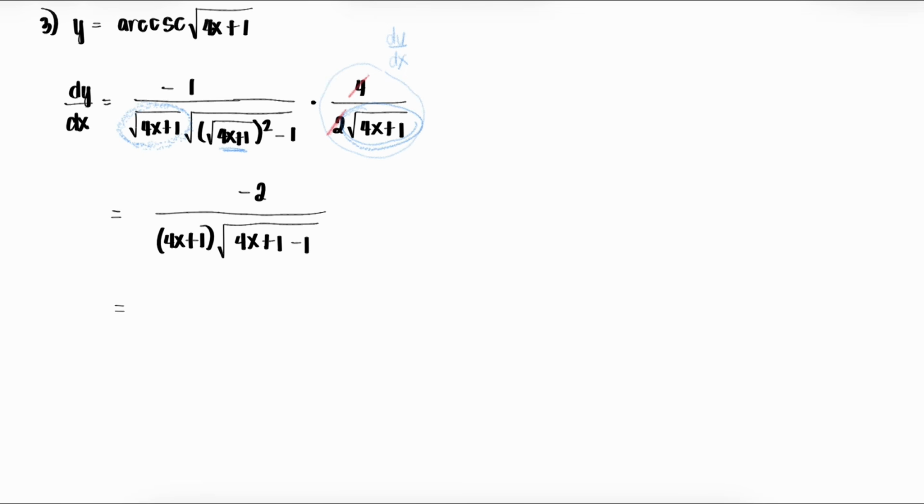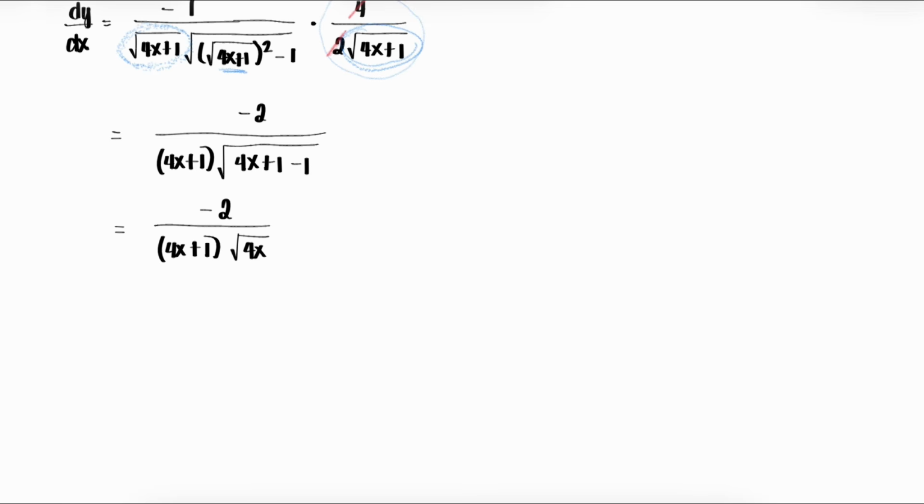And simplifying further, we have negative 2 over, again copy 4x plus 1, and then what's left inside the radicals is just square root of 4x. But then the square root of 4 is 2. And you have 2 in the numerator, so you can just cancel that out.